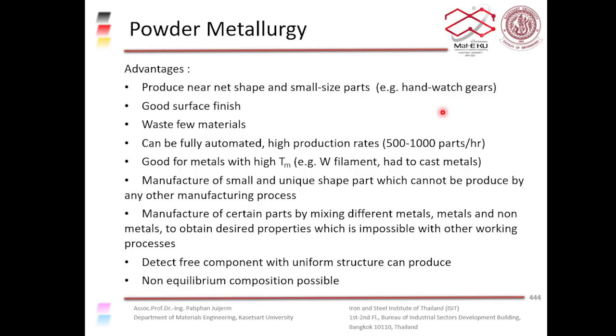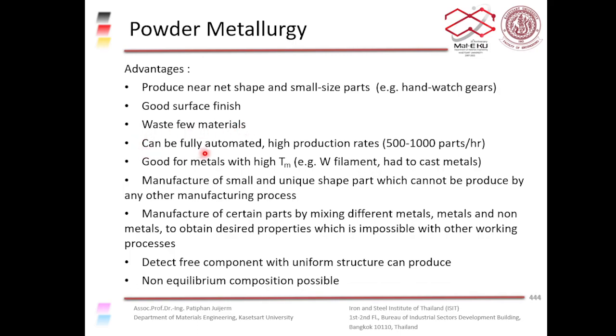Small, really delicate gears in the Swiss movement of the watch. It has a good surface finish. It wastes few materials. In fact, you hardly waste any material at all, compared to machining, where you waste most of the material to produce a small piece of the component.